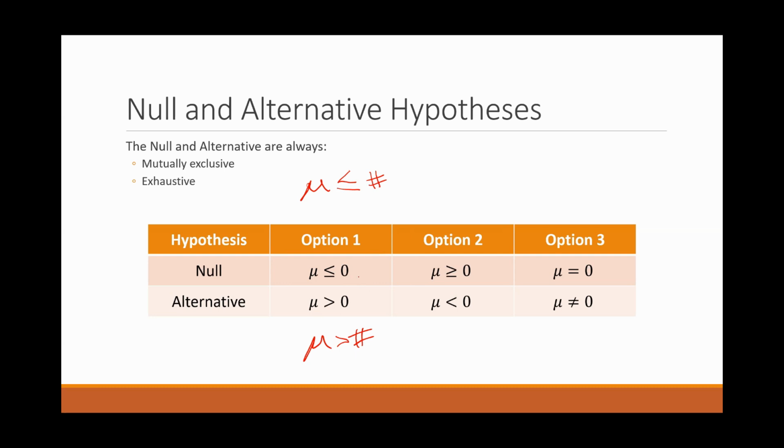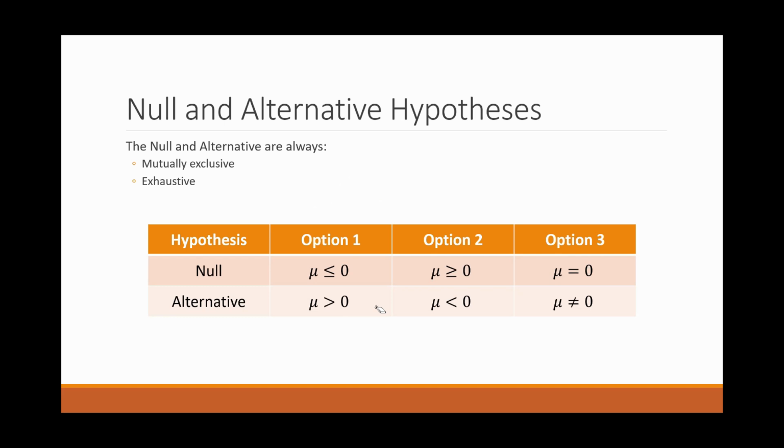There does not exist a number that is in both of these categories. And they're exhaustive. All numbers fit either less than or equal to whatever number we state here, or greater than whatever number we state here. So it's exhaustive. It includes all numbers. All numbers are accounted for.